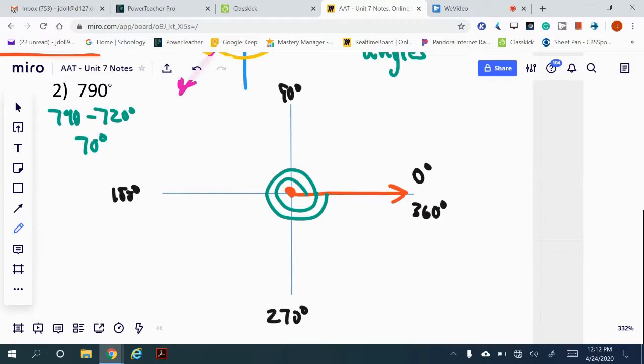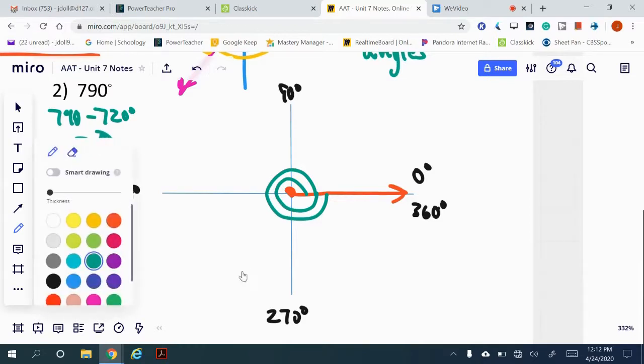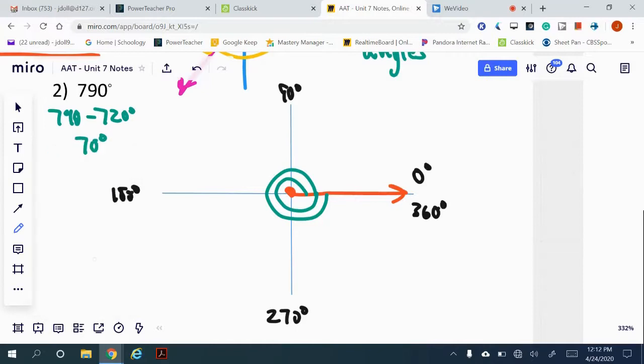And so essentially, guys, what we just did is we found that 790 and 70 are coterminal. All right, they end at the same terminal side. So I'm going to go 70 more degrees somewhere in the first quadrant, closer to 90 than 0, and that would be the end. So this is 790 degrees. Now, again, just to highlight this coterminal angle idea, if I just did that purple angle, that would be 70 degrees.